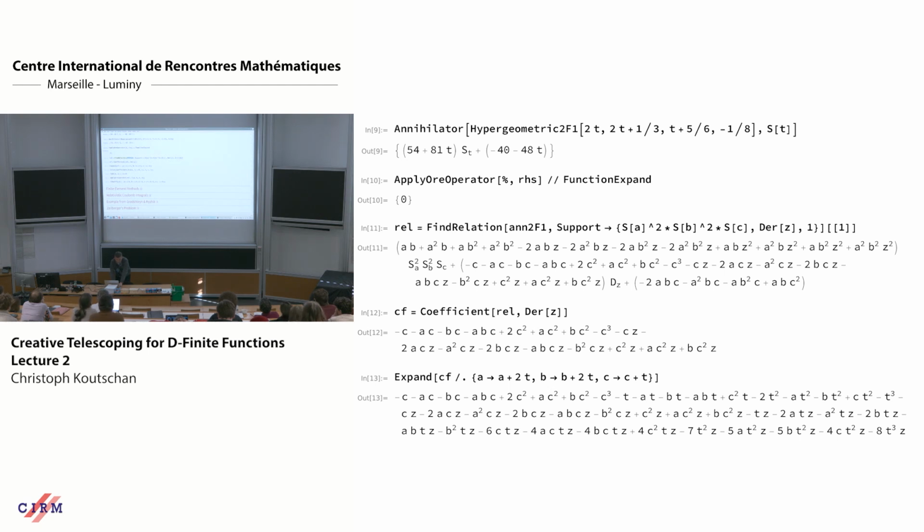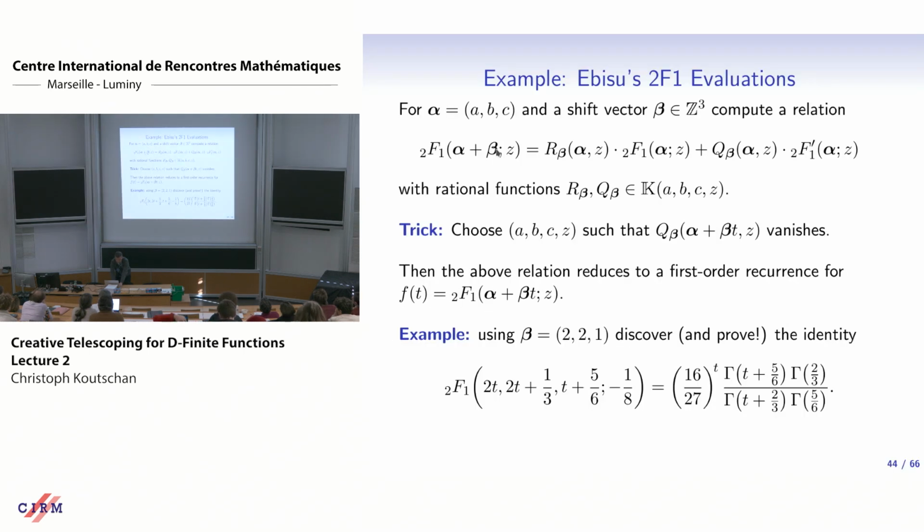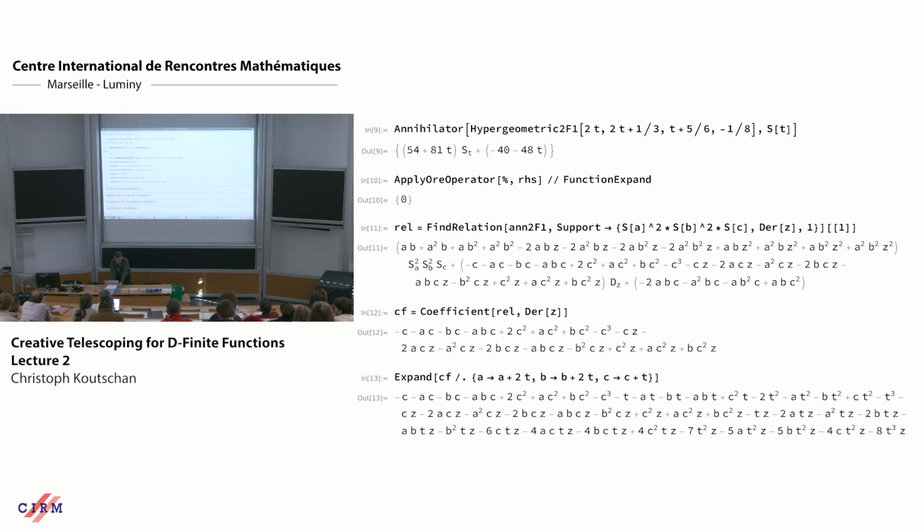And so here I choose the shift vector 2, 2, 1. So we have this operator corresponds to this part. Then we have the derivative, and we have 1 that is just the function itself. And so if we run this command, we find such a relation that is guaranteed by theory.